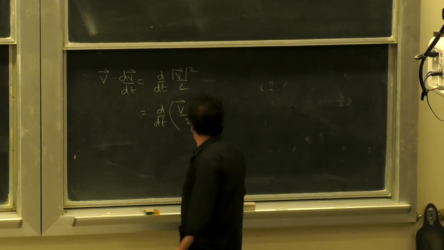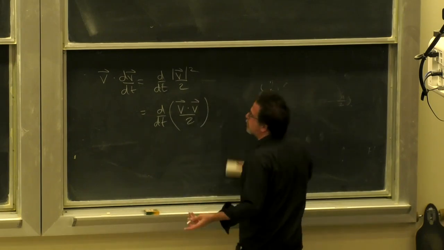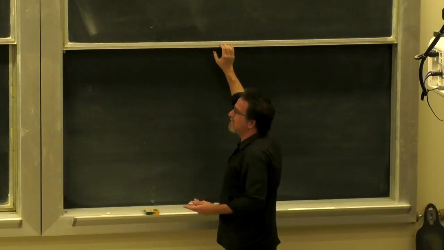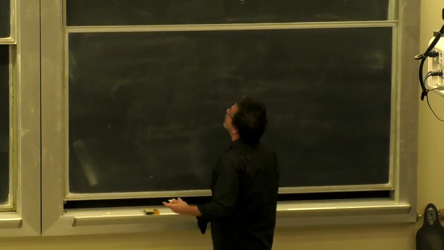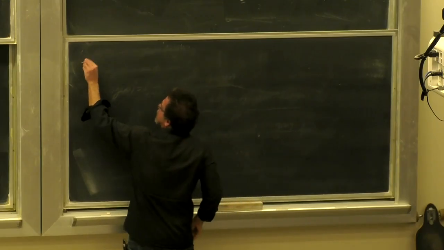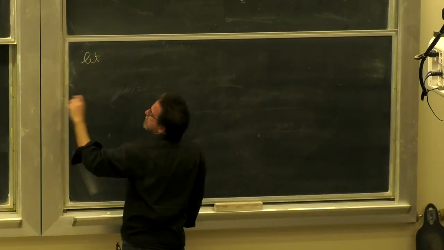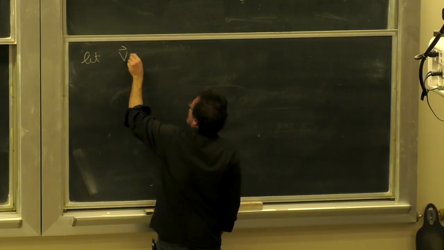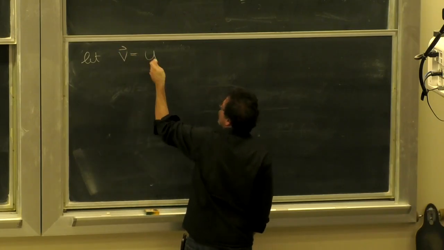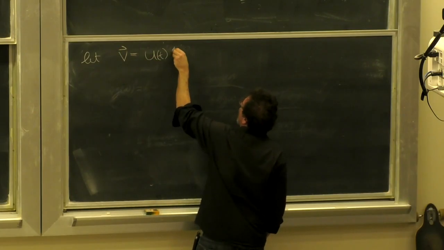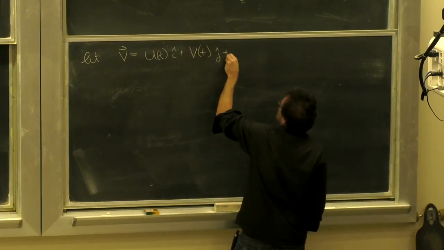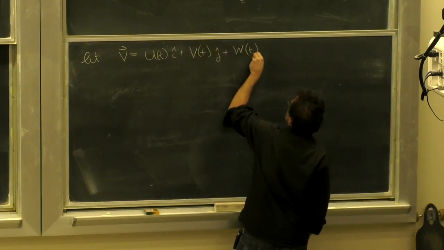Okay? Now, I'm going to show it to you by hand. It's not that challenging. So remember, v is the time derivative of r, but let me let v vector, let me call its components capital U, which is a function of t, i hat, plus capital V, which is a function of t, j hat, plus capital W, which is a function of t, k hat.